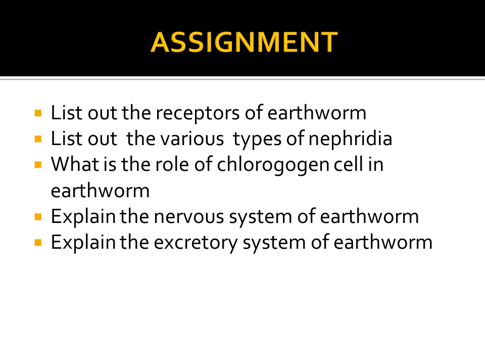Fine. Then list out the various types of nephridia. What are the 3 types of nephridia? Pharyngeal nephridia, micronephridia, meganephridia, or in other words, tufted nephridia, integumentary nephridia as well as septal nephridia. Alright. Okay. Then what is the role of chlorogogen cells in earthworm?